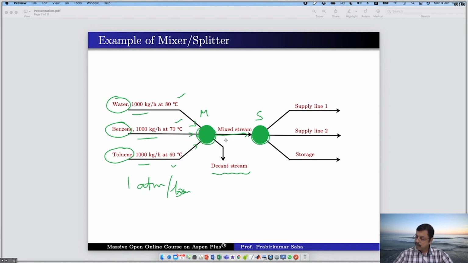This mixed stream is going into the splitter, and the splitter splits this stream into three lines: supply line 1, supply line 2, and the third line is going into the storage. We have not specified any split fraction. We will specify it when we do the problem in Aspen Plus domain. So now let us go to the Aspen Plus domain and see how things work.